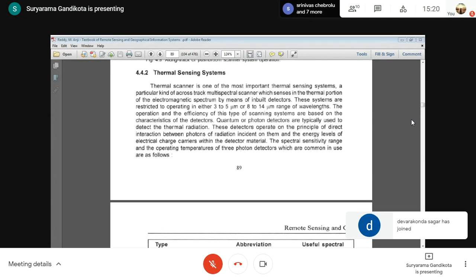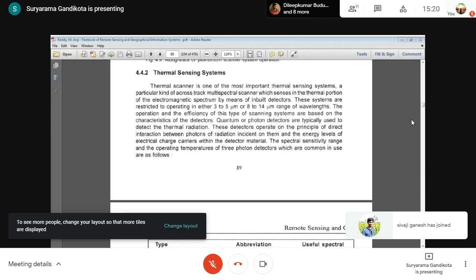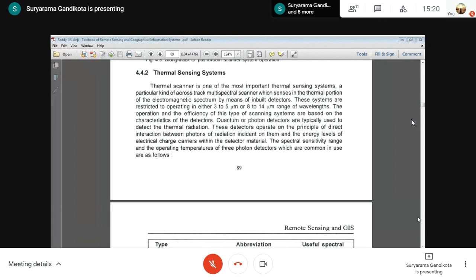Thermal portion is occupied by a certain wavelength in the electromagnetic spectrum, and it is sensed by using detectors. These systems are restricted to operate in either 3 to 5 micrometers or 8 to 14 micrometers range of wavelengths.